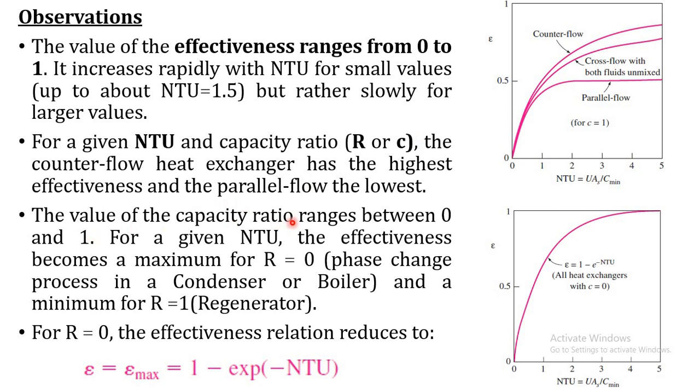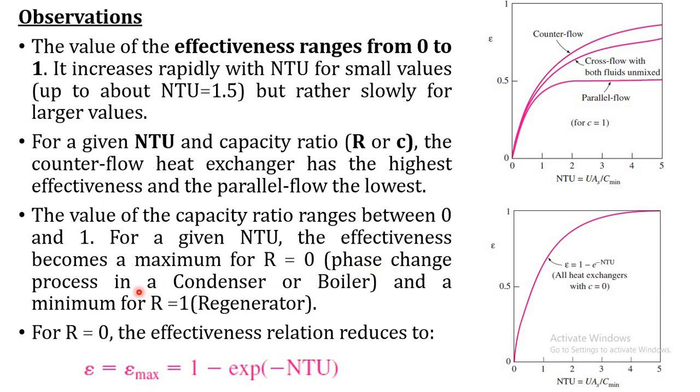The value of the capacity ratio ranges between 0 to 1. For a given NTU, the effectiveness becomes a maximum for R equal to 0. This is the graph showing R equal to 0 for all exchangers.